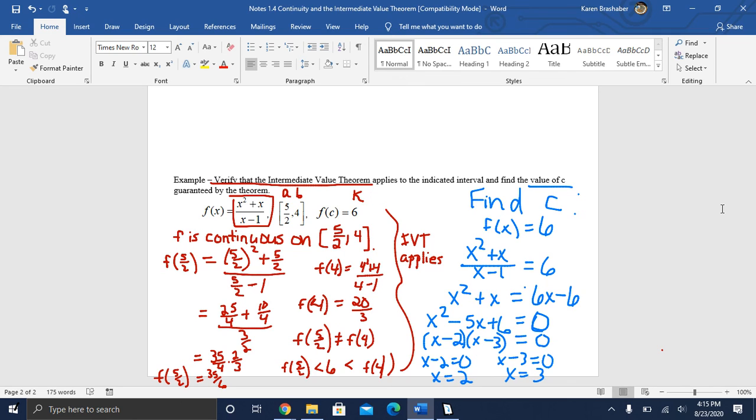Well, the 2 is not in that interval. So even though 2 is a solution to that equation, 2 is not in the interval, but 3 is. So 3 is in the interval from 5/2 to 4. And so your C that's guaranteed by the intermediate value theorem is 3.